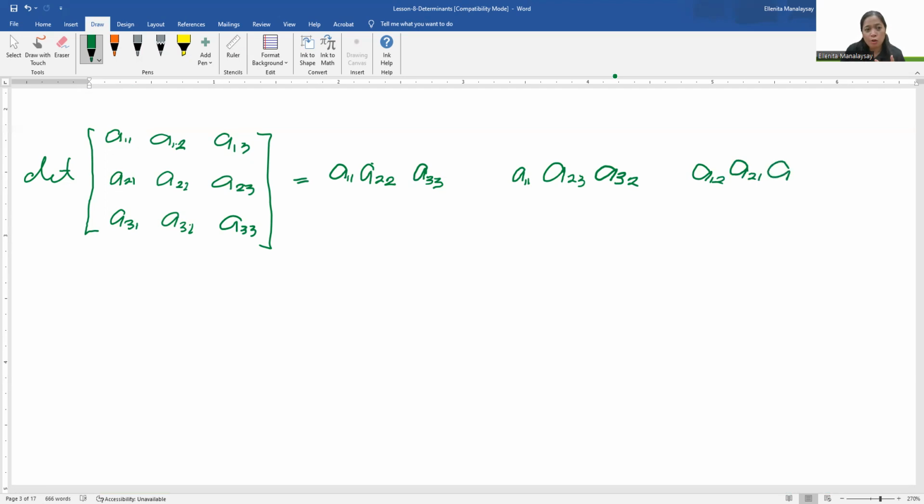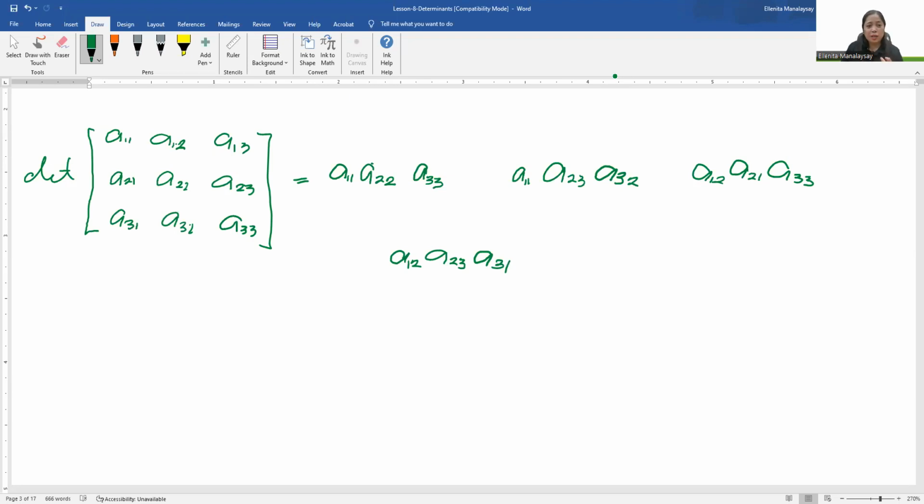So, sa third row, dapat sa third column, A33. Or pwede rin naman, nung nag-start tayo sa A12, nung una kinuha natin ng A21, pwede naman ang kunin natin ay A23. A12, A23. So, yung third entry must come from the first column. So, that is A31. Next.